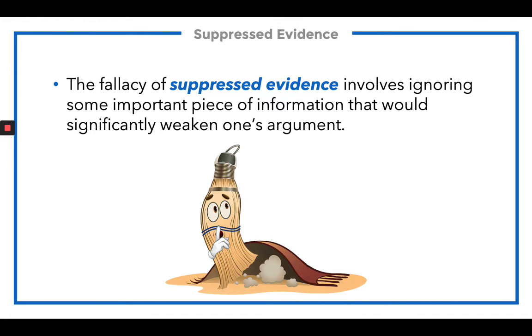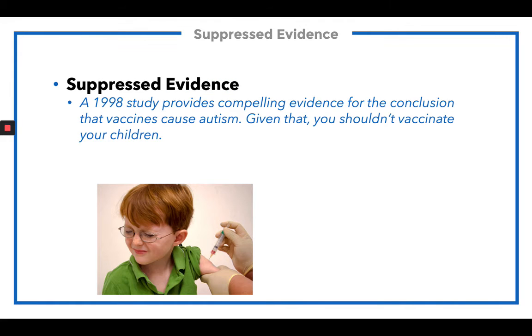Finally, the last fallacy of presumption is the fallacy of suppressed evidence. This involves ignoring some important piece of information that would significantly weaken your argument. One example here is from the vaccine debate. Someone says, "A 1998 study provides compelling evidence for the conclusion that vaccines cause autism. Given that, you shouldn't vaccinate your children."